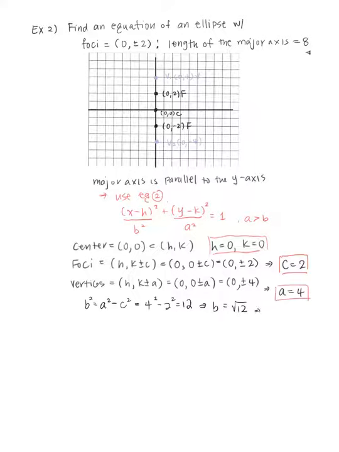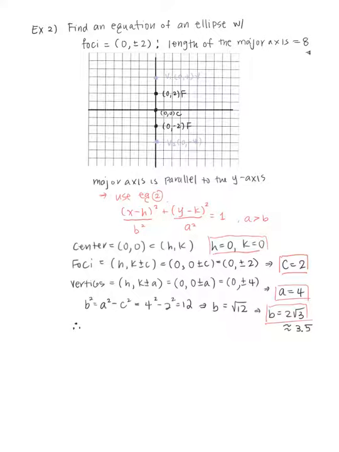Always simplify. So our b is what? 2√3, which is approximately, is it 3.5, I think? Alright, I'm just putting the decimal values because I need to plot the points. Now let's write the equation.